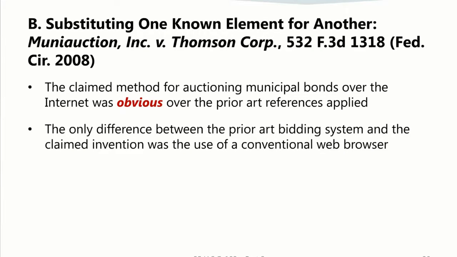Another example of the substitution rationale is Muni Auction Incorporated versus Thomson Corporation. The claimed method of auctioning bonds over the Internet was held obvious over the applied art. The only difference between the prior art and the claimed invention was the use of a conventional web browser.